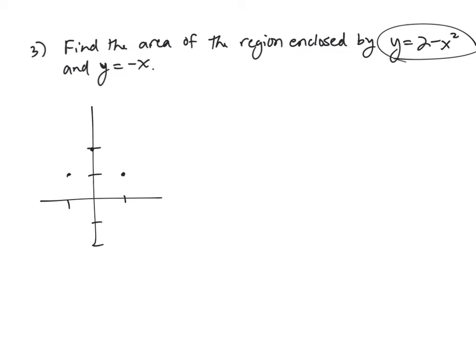I'm not going to be super detailed here. Just give myself something like that, and then I've got y equals -x. That one's an easy one. Down 1 over 1, down 1 over 1.